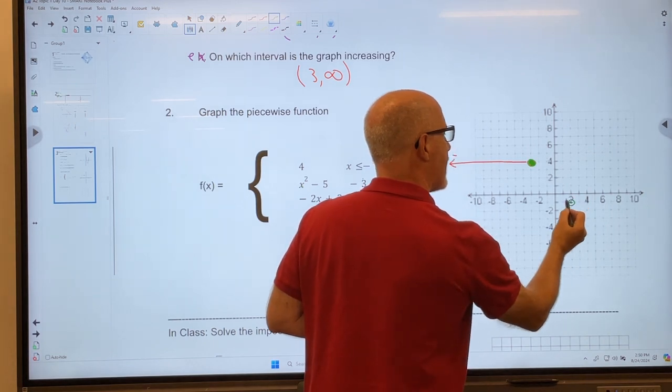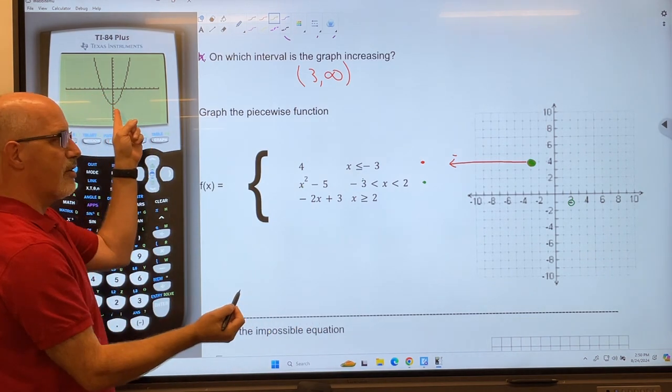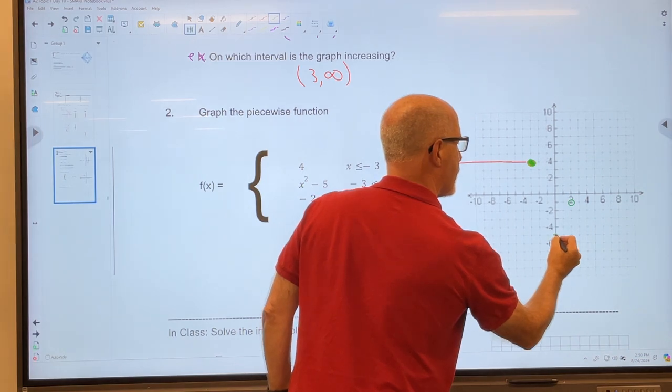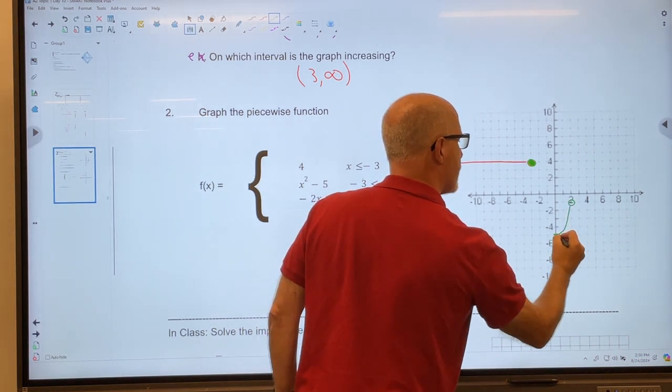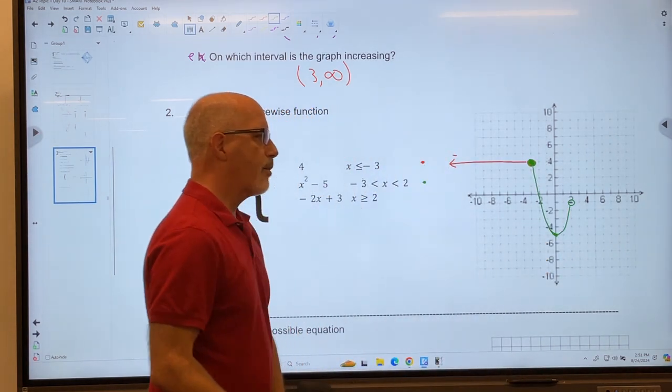I'm going to put an open dot there, and remember what our graph looked like. It came down here to -5, and then it's a parabola up to the other part. You could do more with a table if you wanted to, but this is what my graph looks like for the rest of it.